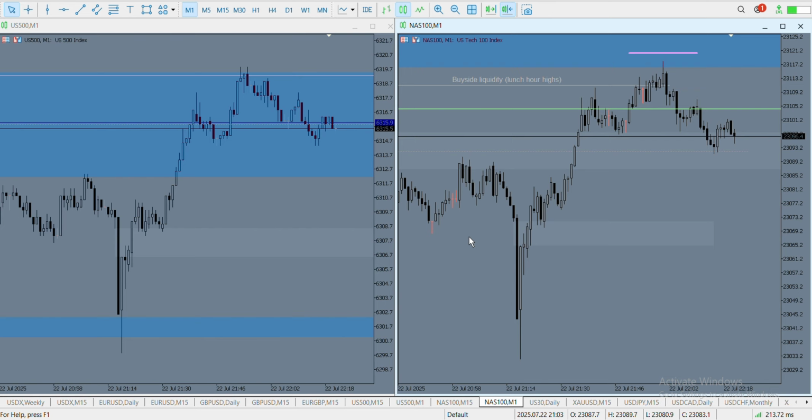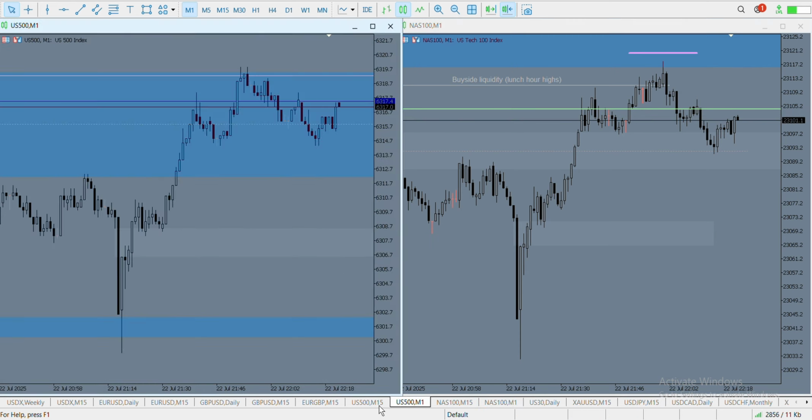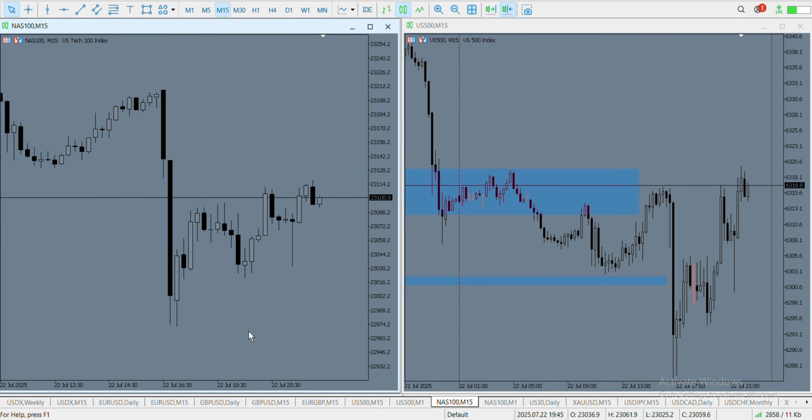23,096 now. 6,315 for US 500. 316 now. And 3,100. Well, let's look at a 15-minute chart once more. So Nasdaq 15-minute chart, there's nothing really here.